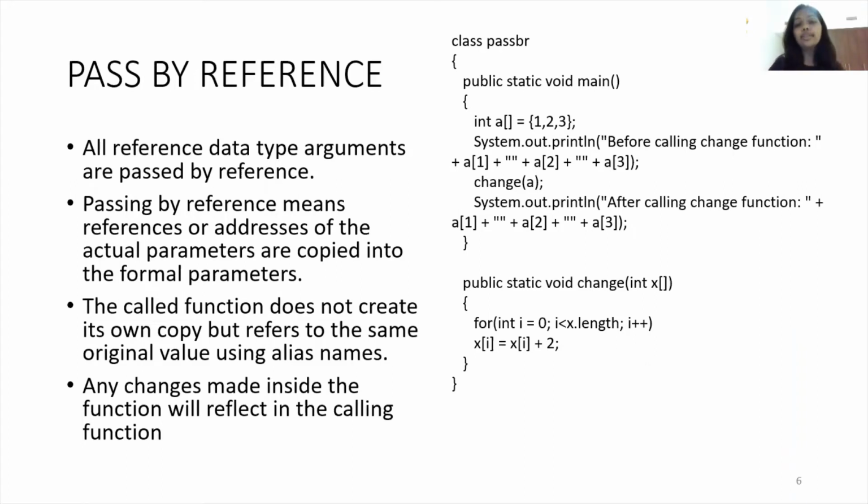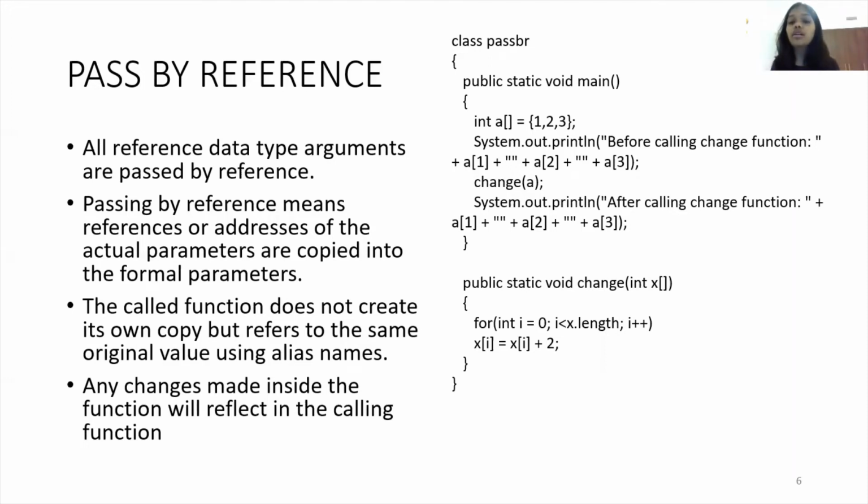So in this example, you can see that the integer array has three elements, that is 1, 2, and 3, which is passed into the function change. The change function increases the value of each element by 2. Before calling the change function, the value of the array will be 1, 2, and 3.